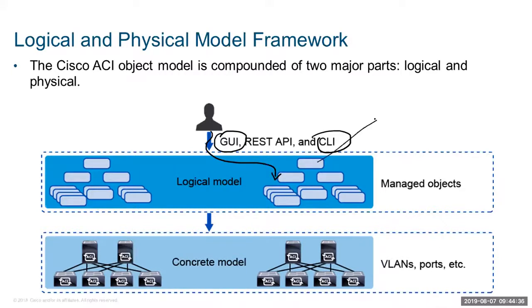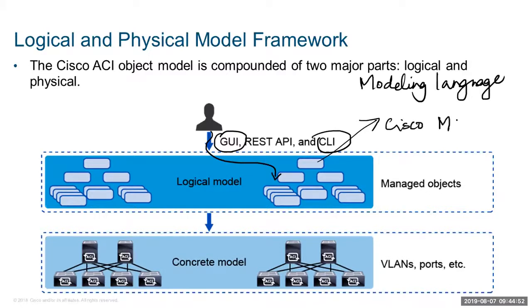This is known industry-wide as a modeling language. There's a term in the industry called modeling language, and there are several modeling languages out there. The Cisco proprietary one is called the Management Information Tree or Management Information Model.